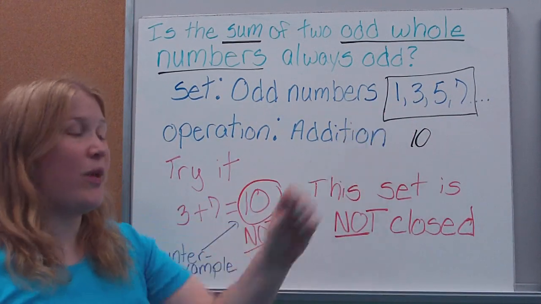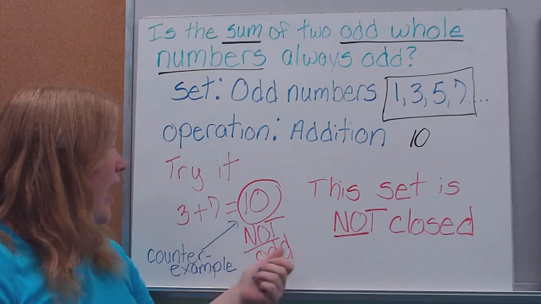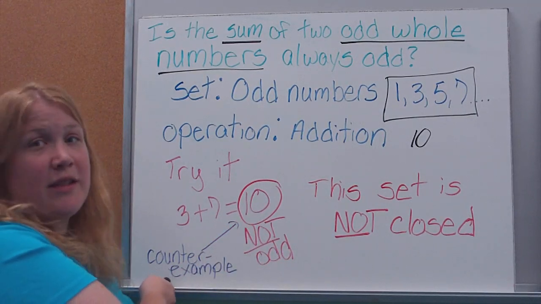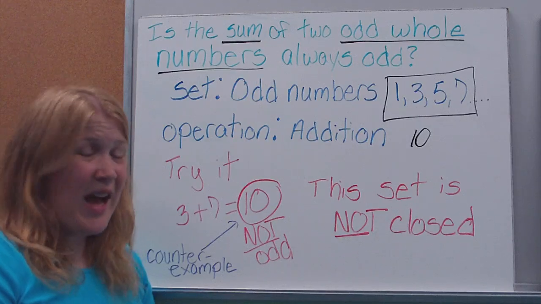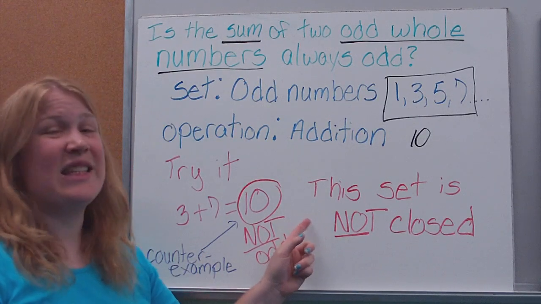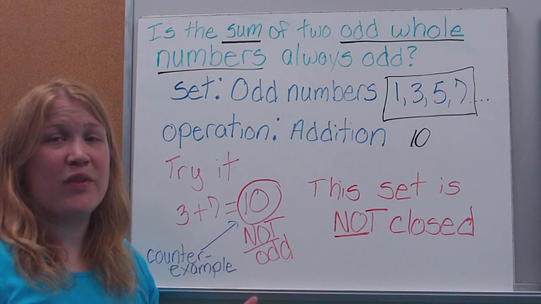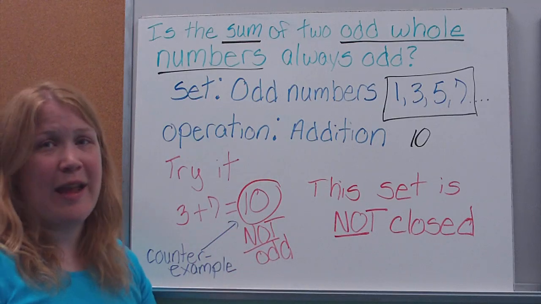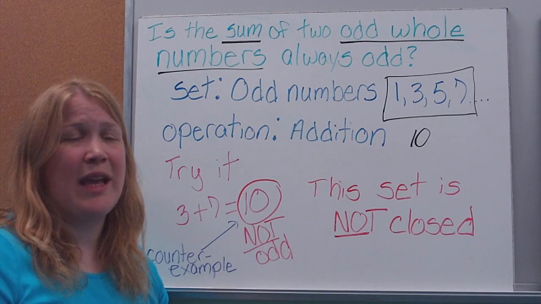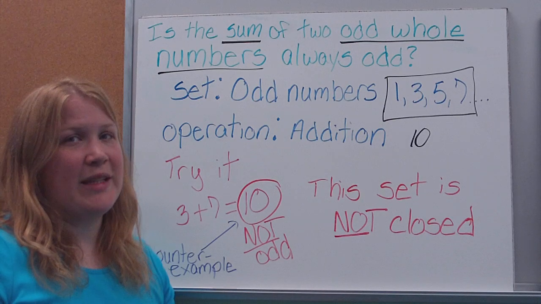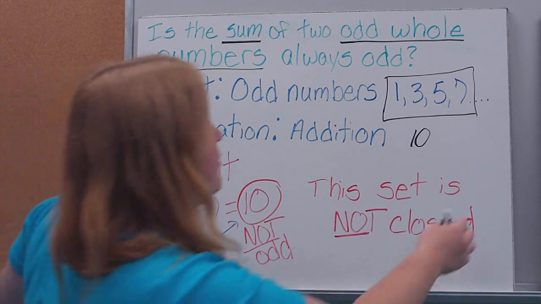So it does not fall within my set. 10 is not an odd number, so what I have here is our counter example. I've done a problem, I've wound up with a number that's not in the set, so I know that this set is not closed. I can say that with certainty because I have a counter example. We can't always say for certainty that a set is closed. We're just going to say we think it is based on what we can see because we haven't tried all of the problems.